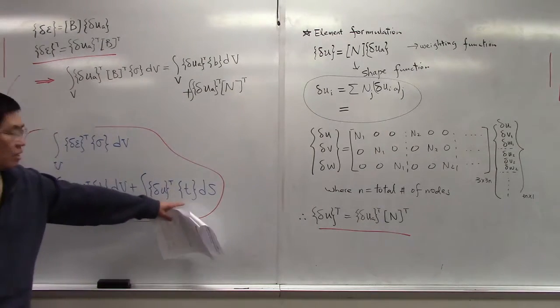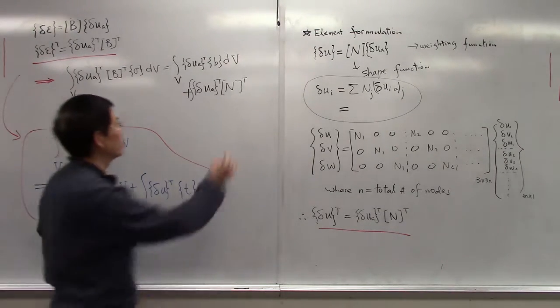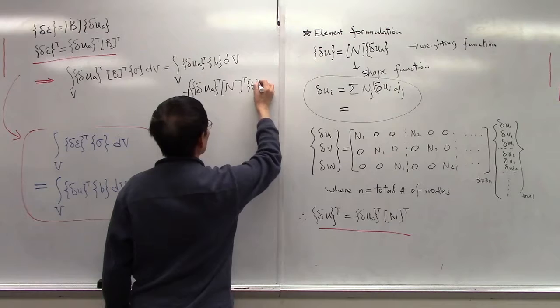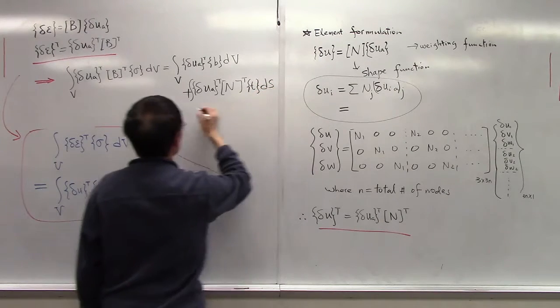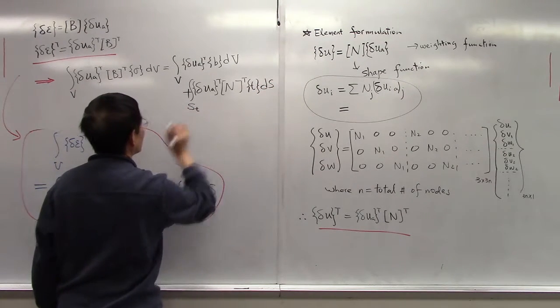And then we still have this traction vector T here, then integrate over the traction boundary condition.